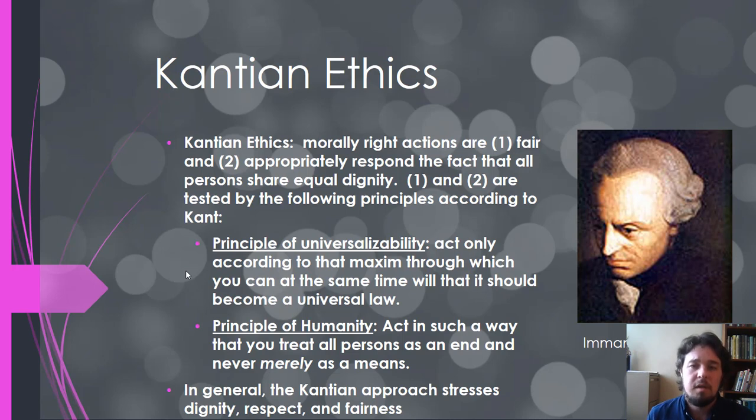So the principle of universalizability says that if the action that your maxim or rule recommends can become a universal rule that everybody agrees on, if you could rationally choose that it become a universal rule, then that action is right or permissible. To put it in a more common sense way, the principle of universalizability basically says don't make an exception of yourself. And that's the fair way to act.